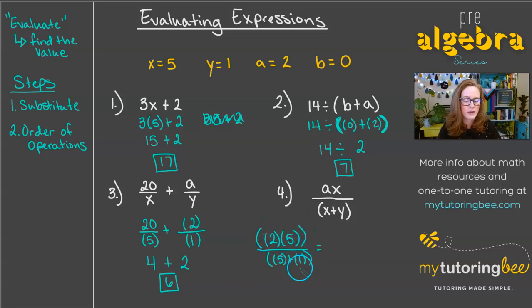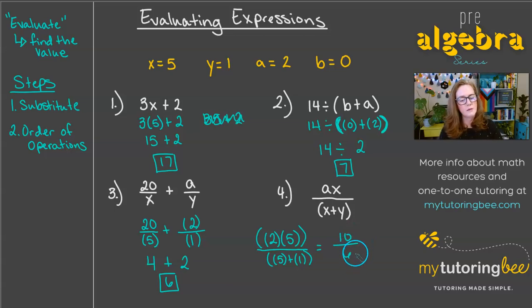I know the denominator already does have a set of parentheses, but whenever you have operations in the numerator and/or the denominator, you want to treat that like it is in parentheses, solve that first, and then once you've simplified that fraction, you can further simplify it if you can. So that's what we're going to do here. All right, so 2 times 5 gives us 10 for the numerator, and then 5 plus 1 gives us 6. Okay, so 6 doesn't go into 10 evenly, but I can simplify this fraction down.